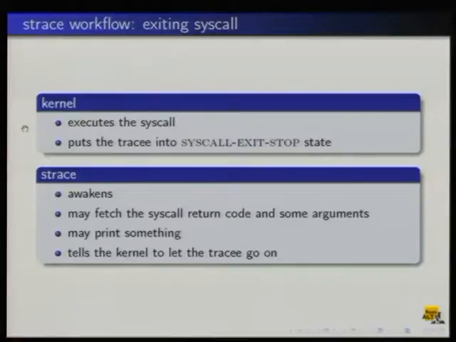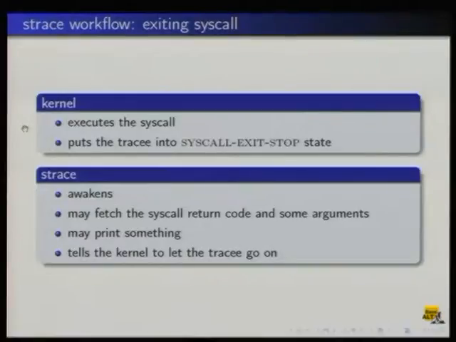The kernel is likely to execute the syscall if it's a valid syscall. And anyway, then it puts the tracee into a so-called syscall-exit-stop state, which also awakens strace. It then may fetch the syscall return code and arguments if strace thinks they could have been changed.